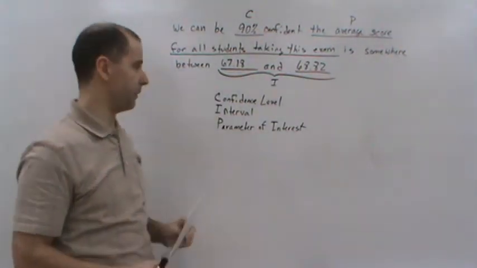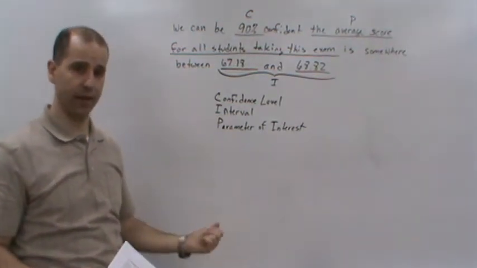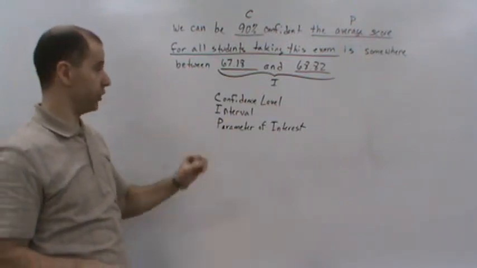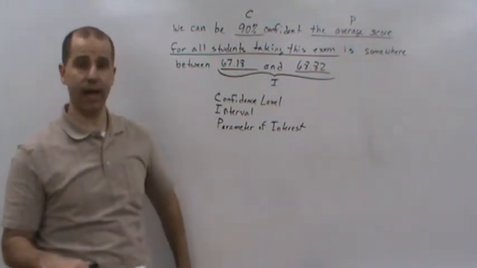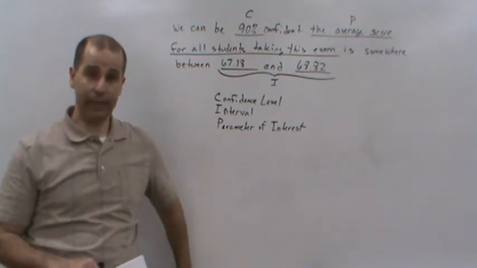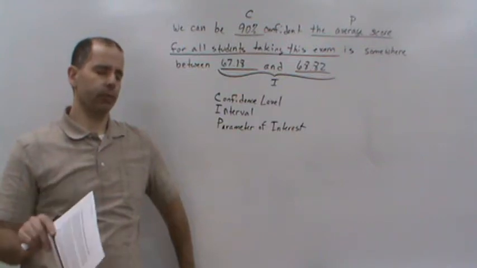The other interpretation is from a sampling point of view. This would say that if I took 100 samples of the same size, so in this case, what was the sample size? 36. Let me start over.